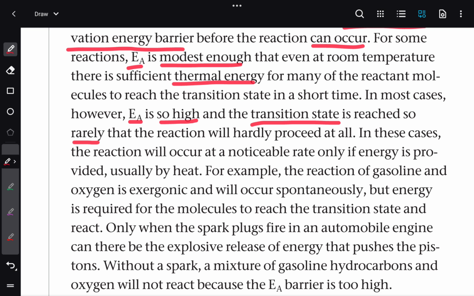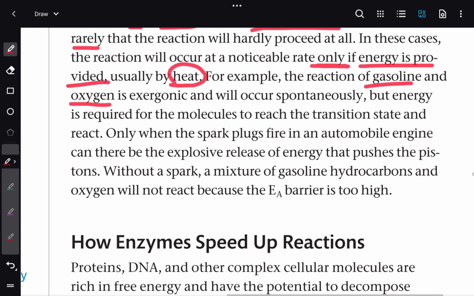In these cases, the reaction will occur at a noticeable rate only if the energy is provided, usually by heat. For example, the reaction of gasoline and oxygen is exergonic and will occur spontaneously, but energy is required for the molecules to reach the transition state.